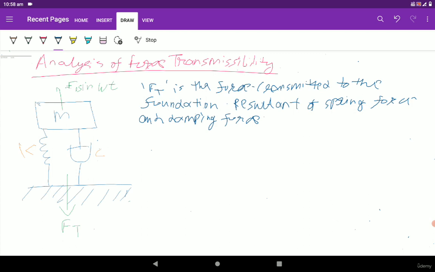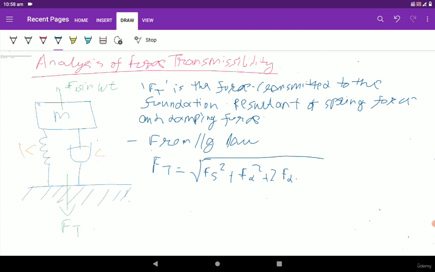So from the parallelogram law, Ft is equal to the under root of spring force square plus damping force square plus 2 Fd Fs cos theta.